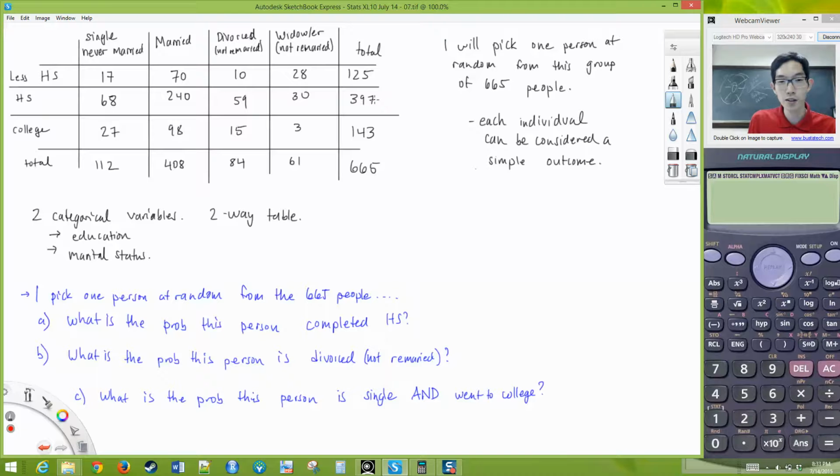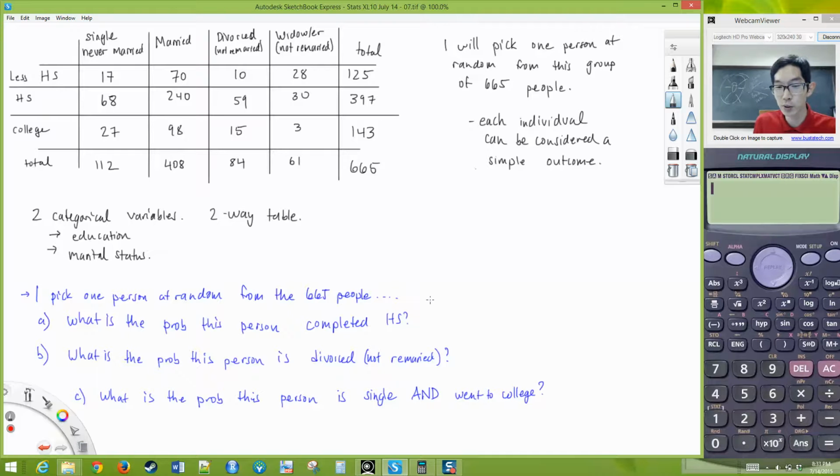Okay, 397 people completed high school, and those who went to college also completed high school, right? Okay, so with simple outcomes, we don't have a listing of all individual people, but we ask how many people are included in this event.